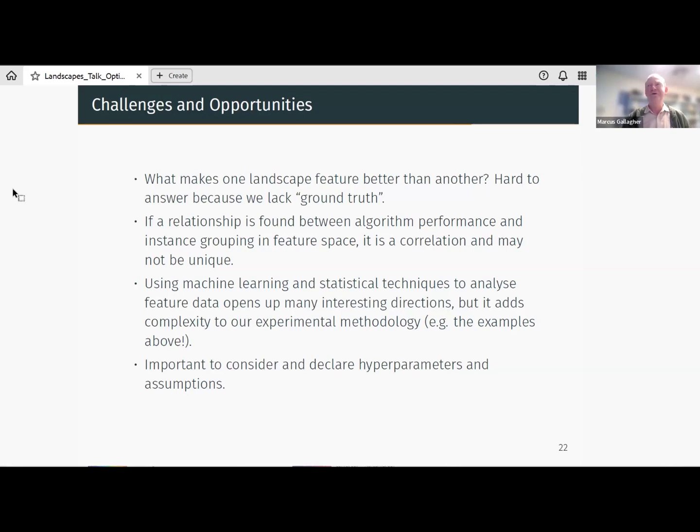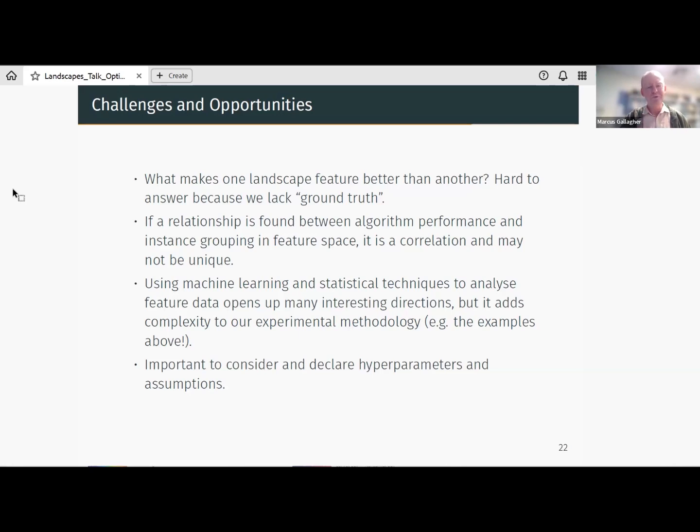Although I can see the advantages of these specific landscape features that I've talked about, it's quite difficult for me to show experimental results that are convincing in terms of saying these are better landscape features than some other features that you might like, because the experimental setup has so many moving parts.